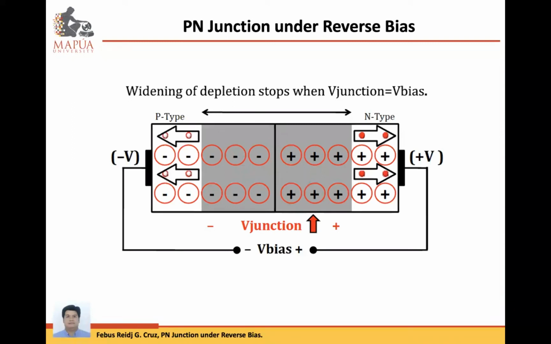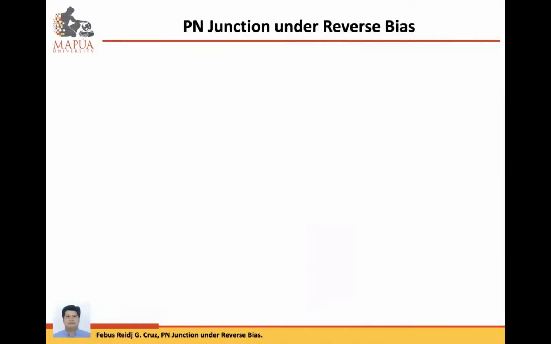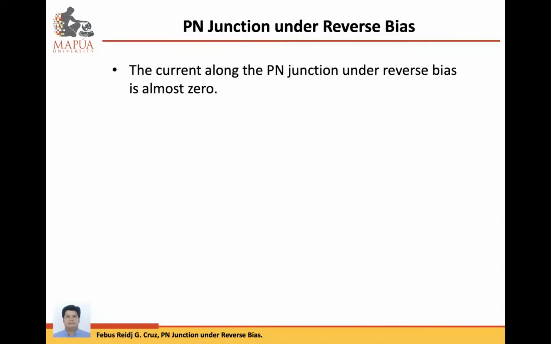So let's say you apply 10 volts on the outside. The widening of the depletion region stops when the internal voltage becomes 10 volts. Okay? So the current along the p-n junction in reverse bias is almost zero.